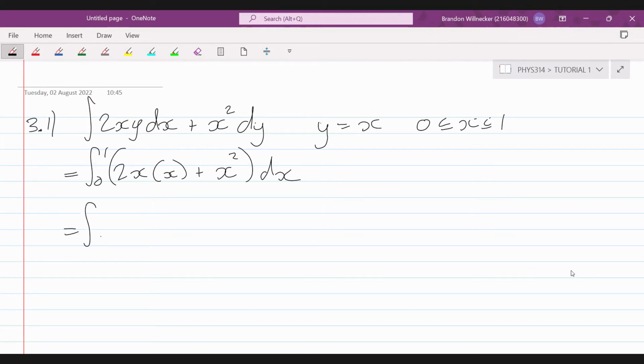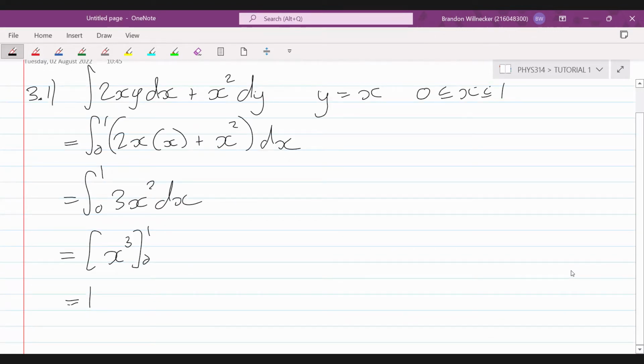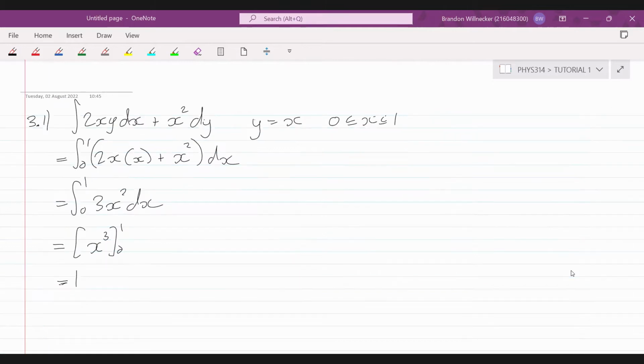Okay, so this will be the integral from 0 to 1, 2x squared plus x squared, so that's going to be 3x squared dx. And then this will be x cubed from 0 to 1, so that's just going to be 1. Okay, so this is something that you would be doing when calculating the work done or calculating the total amount of heat transferred.